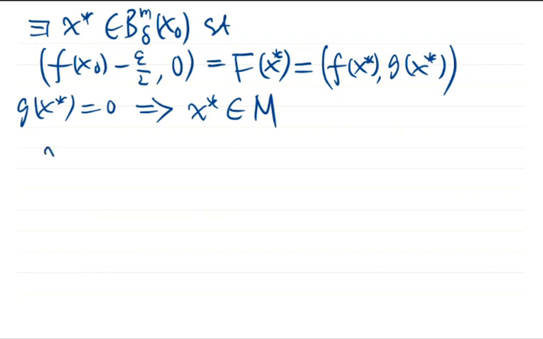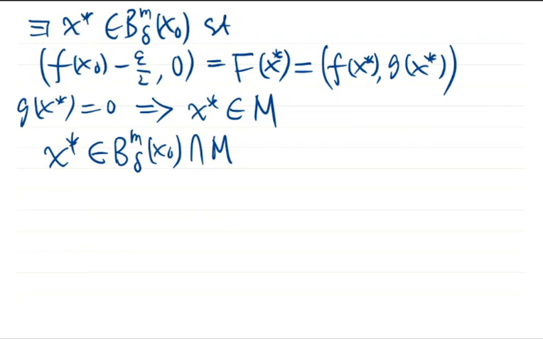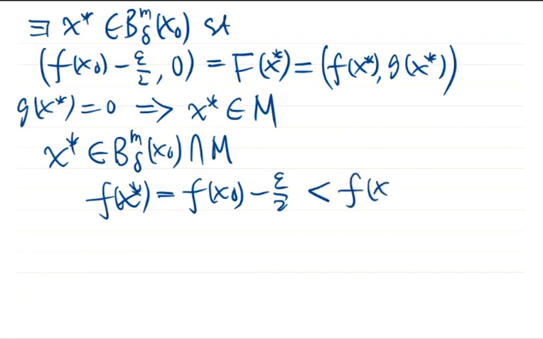So in conclusion, x star belongs to the intersection of this neighborhood and M, but f(x star) equals f(x0) minus half of epsilon, which is strictly less than f(x0). So this is a contradiction, right?